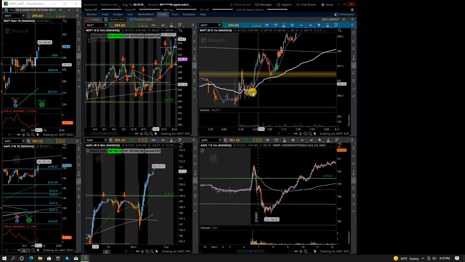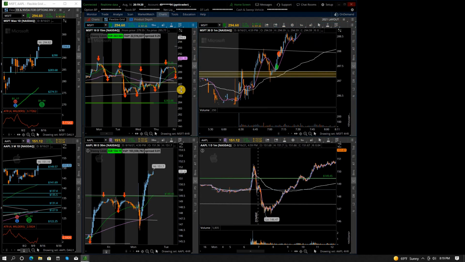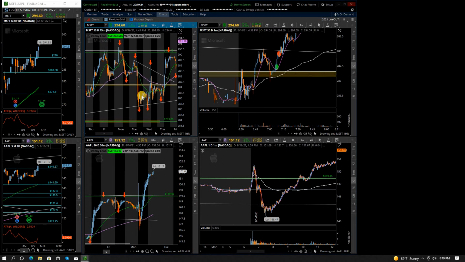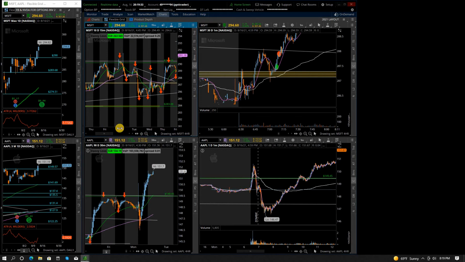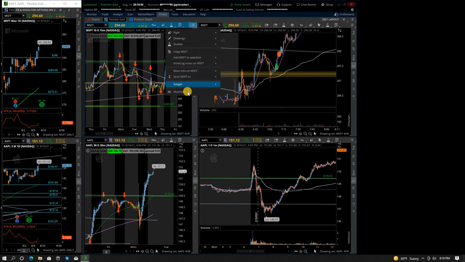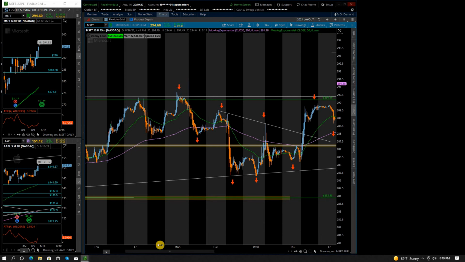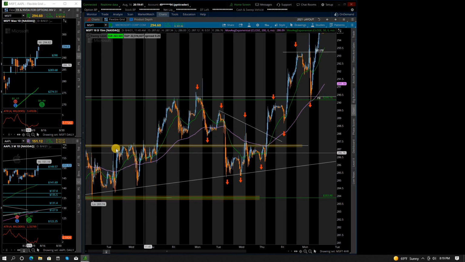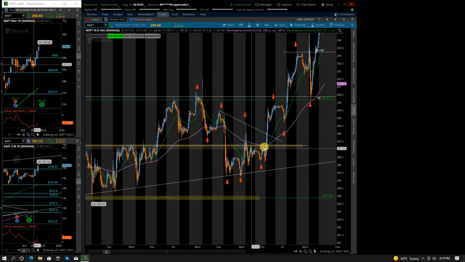I want a break and then a retest of this level here. The way I get these levels, I use the 1 hour and the 4 hour, and the levels have to be very clear. They gotta stick out like a sore thumb. As you can see, this level here held as support and resistance.